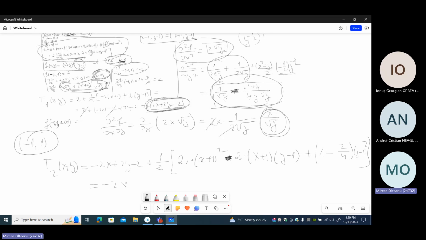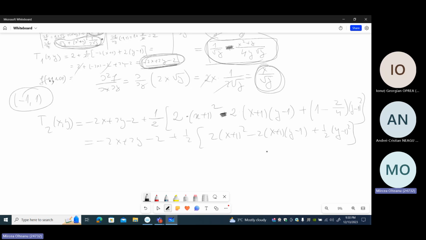So we have minus 2x plus 2y minus 2 plus 1 over 2 times 2 times (x plus 1) squared minus 2(x plus 1)(y minus 1). And here we get what? 1 minus 1 over 2, that is 1 over 2, times (y minus 1) squared. And this is it. Okay, we can continue the computation, and this is the second order polynomial, the quadratic approximation of f.